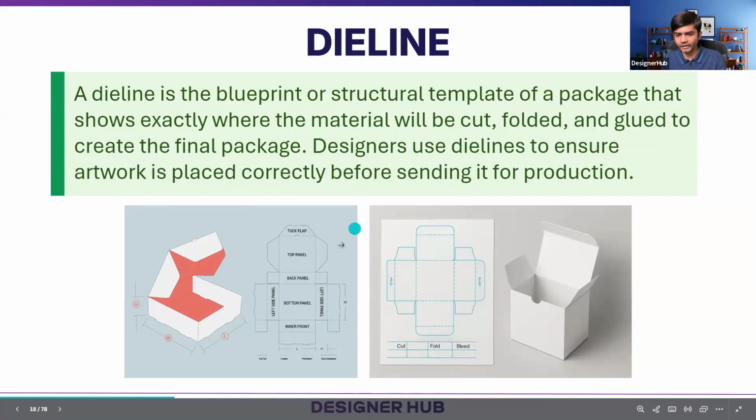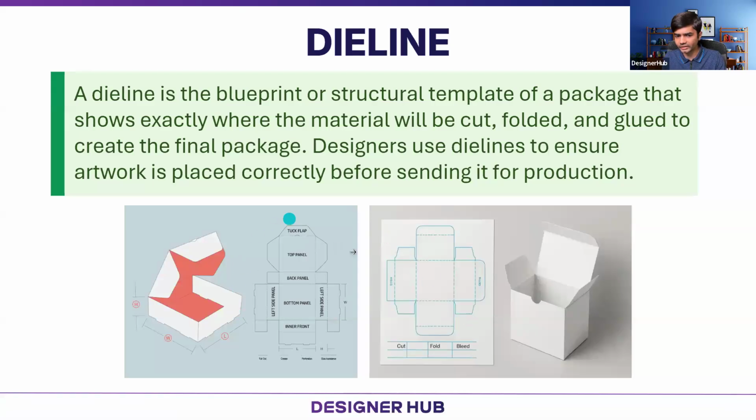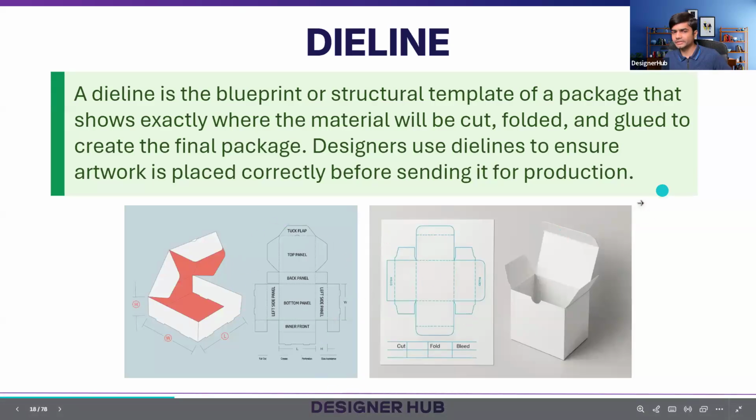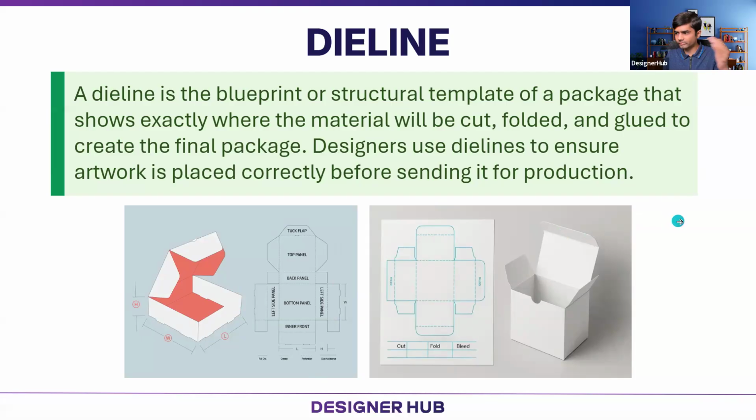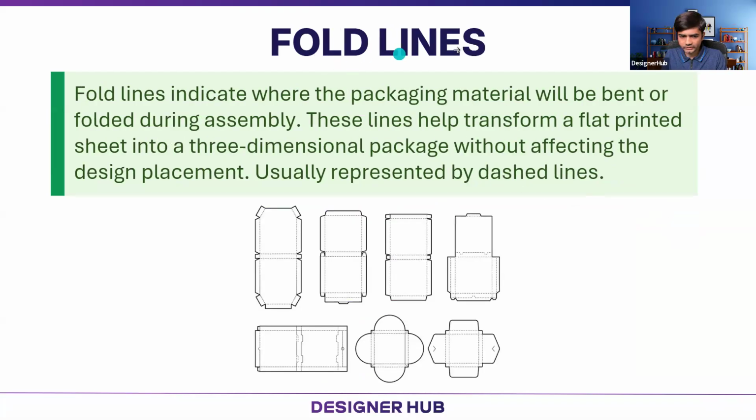Now this die line file is a rough one. This is the final cutout die line file. But let's see what are all the inner items that come inside a die line file. Then come the fold lines. Fold lines indicate where the packaging material will be bent or folded during assembly. These lines help transform a flat printed sheet into a three-dimensional package without affecting the design placement, usually represented by dashed lines.